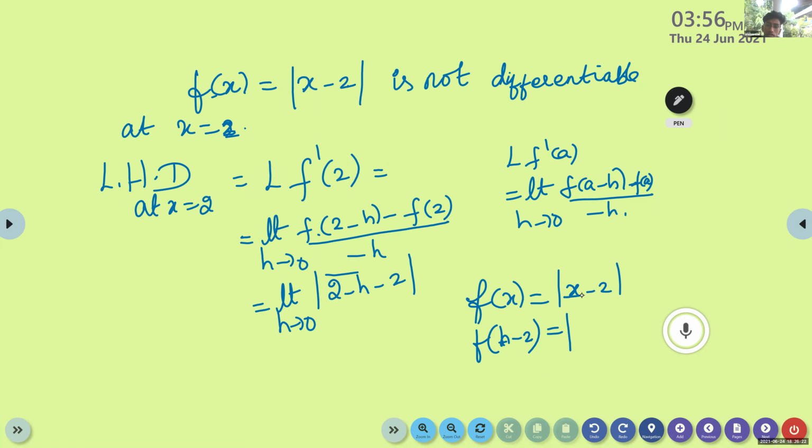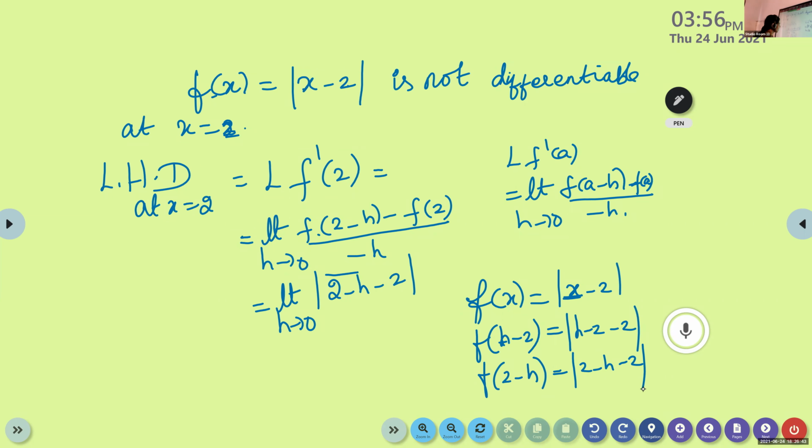So instead of x, here we should put x minus 2. What will be f of 2 minus h? Modulus 2 minus h minus 2. Is it okay? In the place of x, just substitute the value given there.